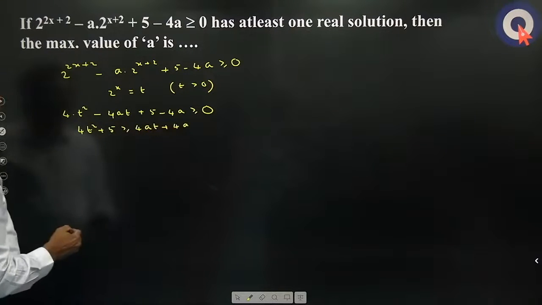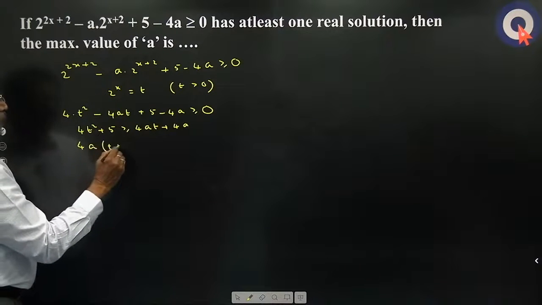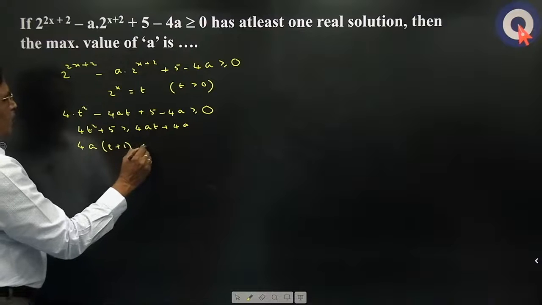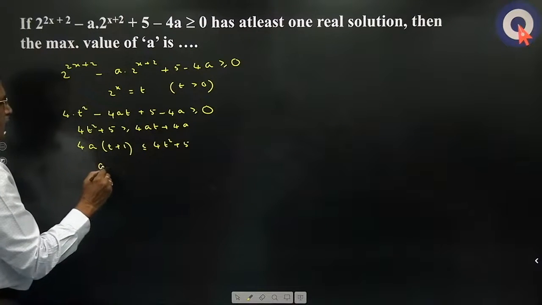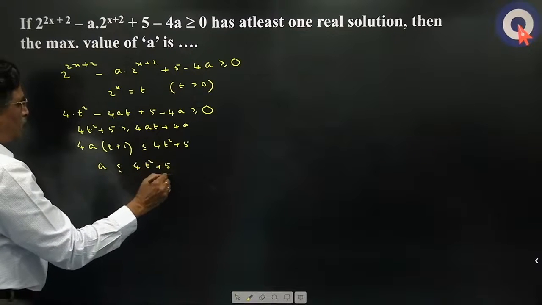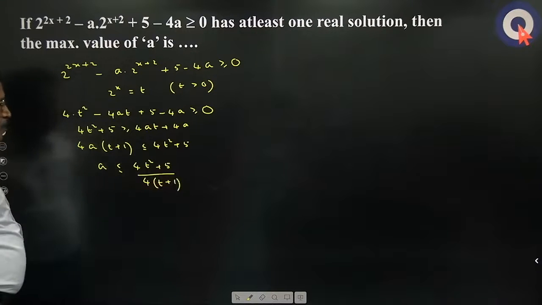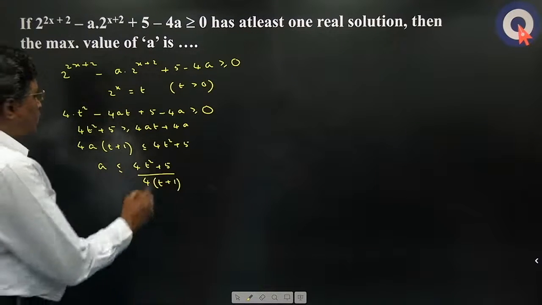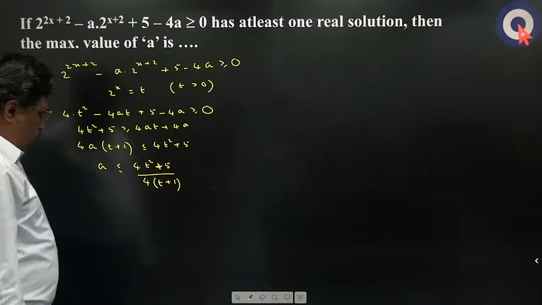In other words, I can write 4a into t plus 1 is less than or equal to 4t square plus 5. So in other words, a is less than or equal to 4t square plus 5 by 4 into t plus 1.